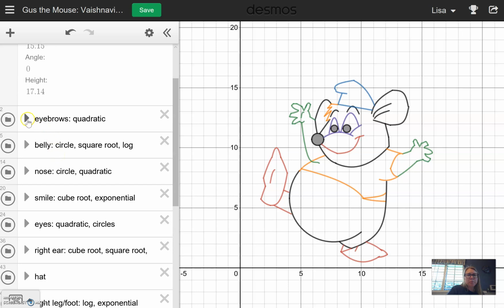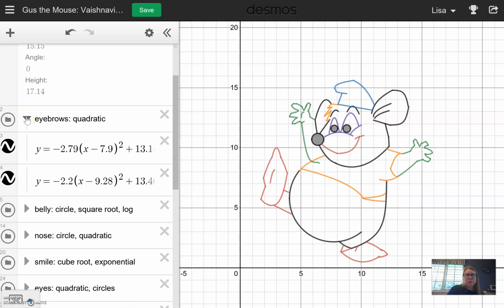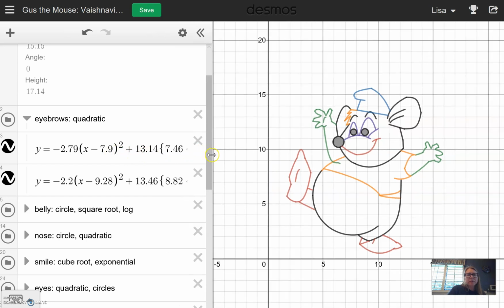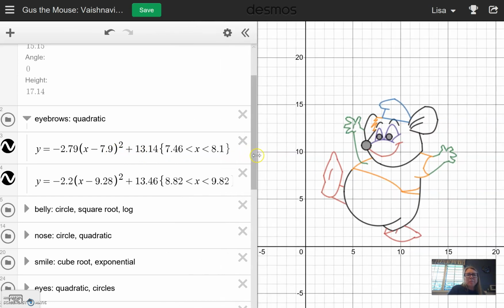So I'm going to open up the folder holding the equations for the eyebrows, and you can see the squared, the y equals, and then there's a stretch factor here, and the part that is shifting it. If I scroll this over, you can see a little bit more of it. In the curly brackets, that's the part that shows where the parabola starts and stops, and notice it's negative, so that's telling me that it's an upside down parabola.